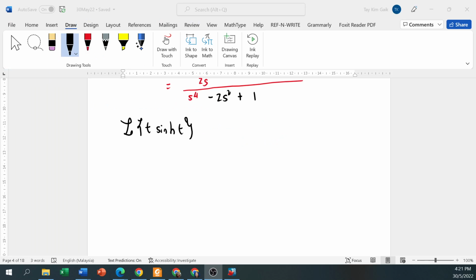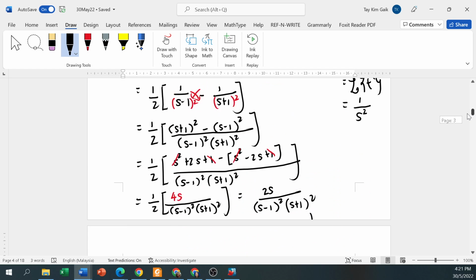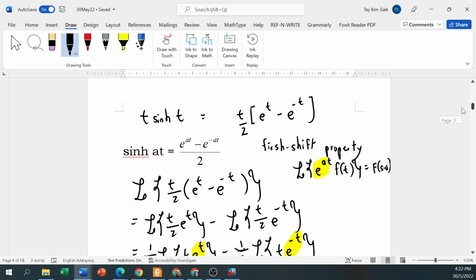Now, the Laplace transform for t hyperbolic sinh t using the first shift property: first shift property here, by changing sinh t to half of exponent t minus exponent negative t.